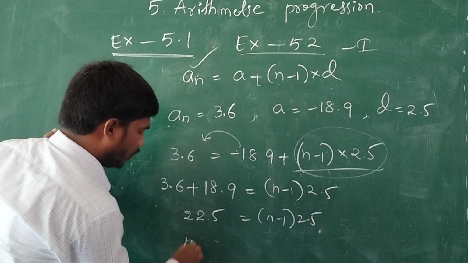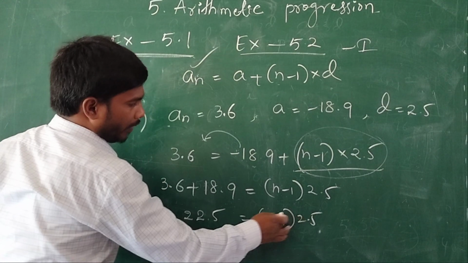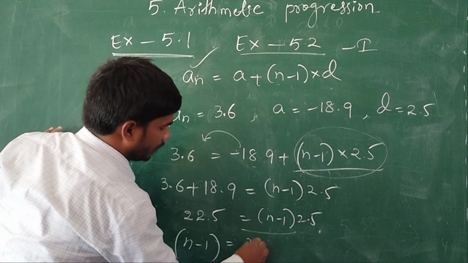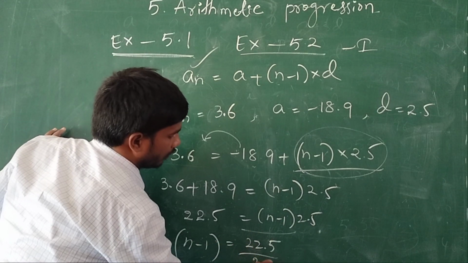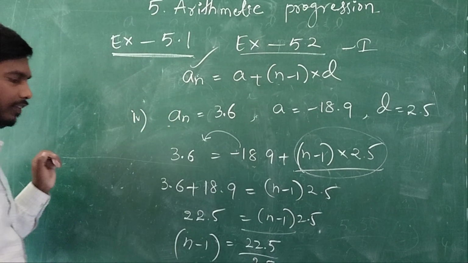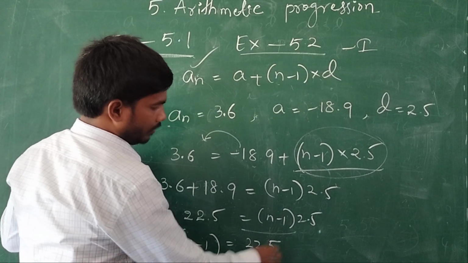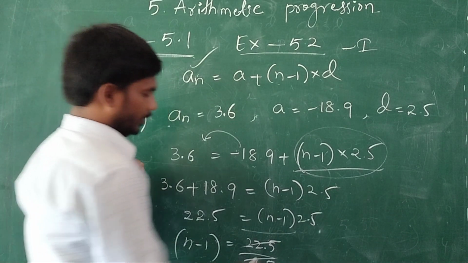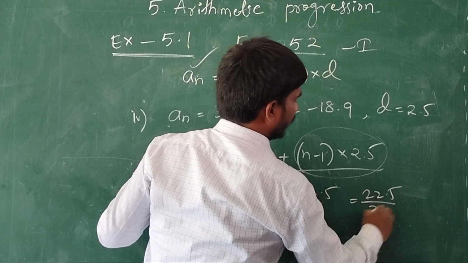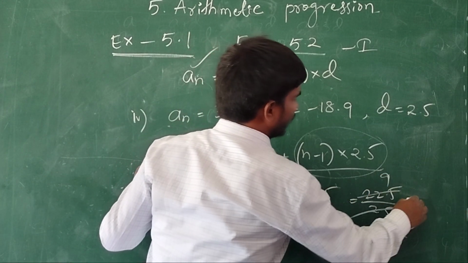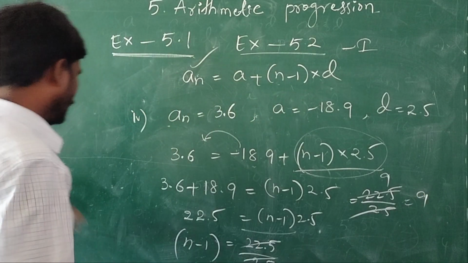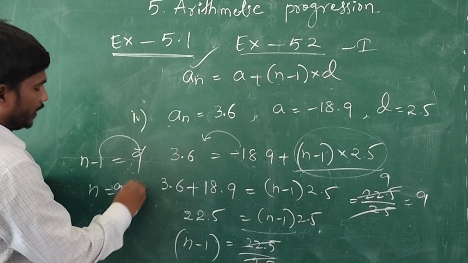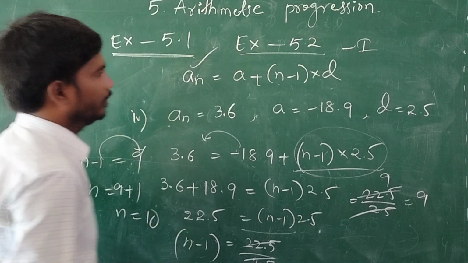Now we want only the n minus 1 value. What is the relation between n minus 1 and 2.5? It is multiplication, so if you take it to the other side, it becomes division. So 22.5 by 2.5 is the value of n minus 1, which is 9. n minus 1 is equals to 9, so this minus 1 becomes plus 1, and n is equals to 10.